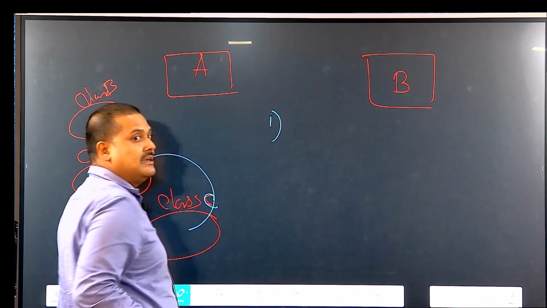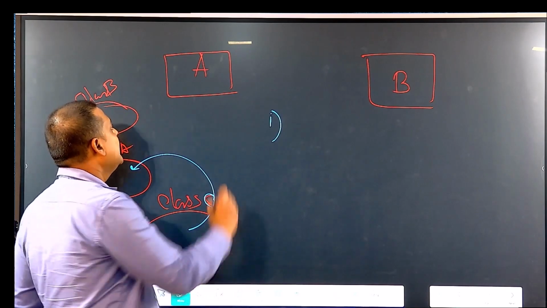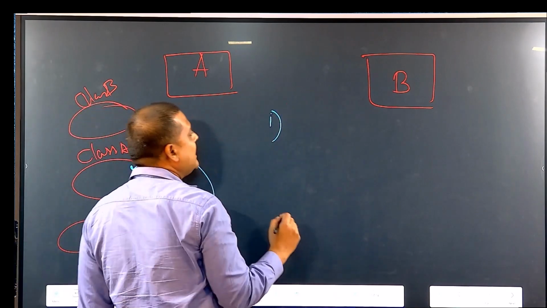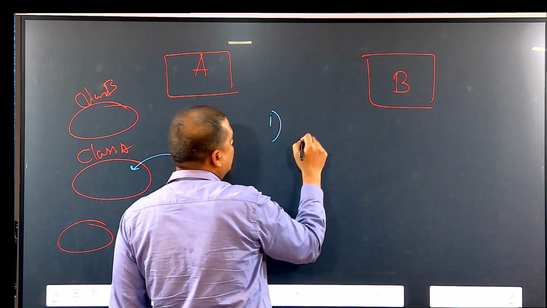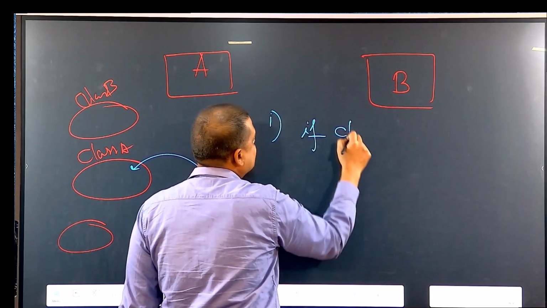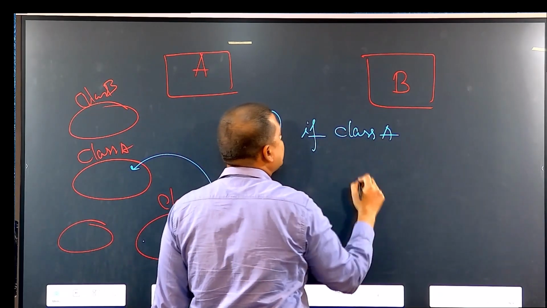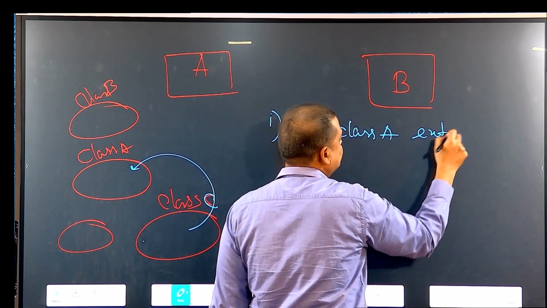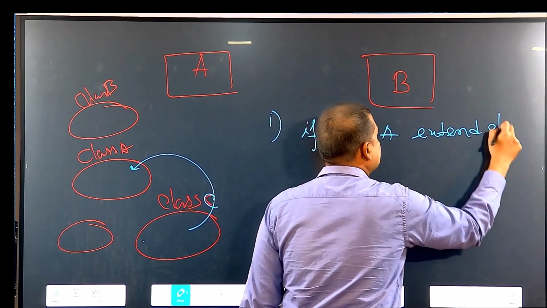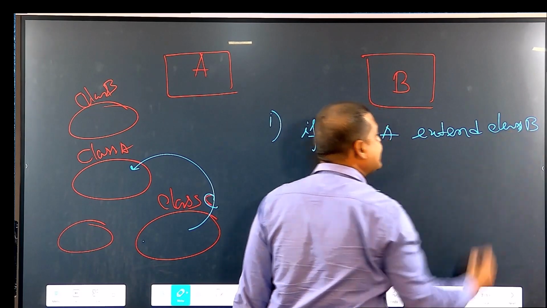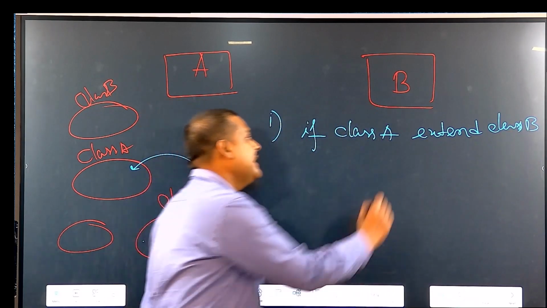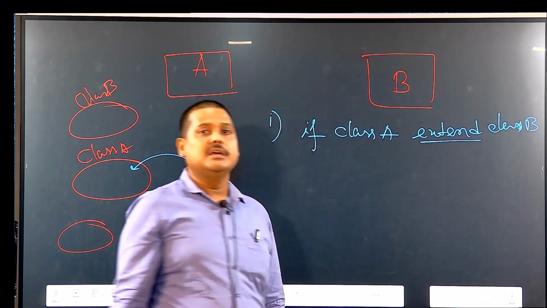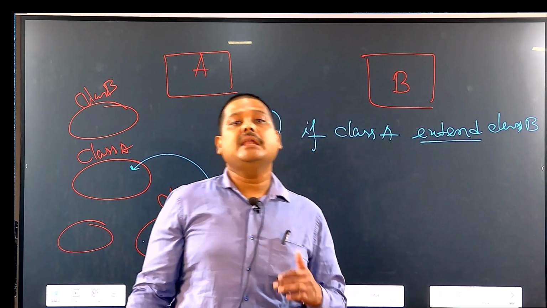The first way is if class A can inherit, or if class A extends class B. What does it mean by extend? This is a keyword actually. This supports the inheritance property.